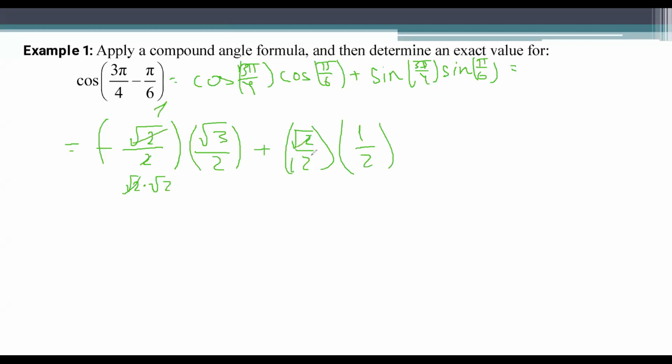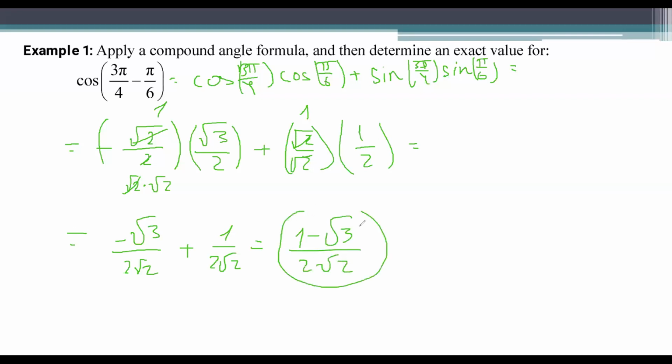Same as here, it's going to be 1 over square root of 2. This is equal to negative square root of 3 over 2 square root of 2 plus 1 over 2 square root of 2, which is equal to 1 minus square root of 3 over 2 square root of 2. This is your final answer.